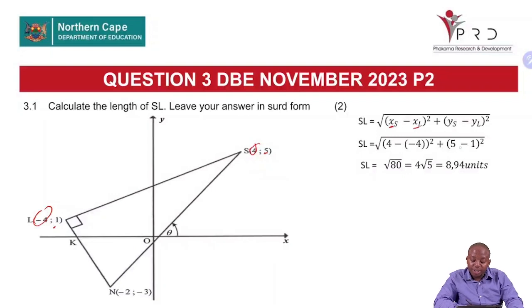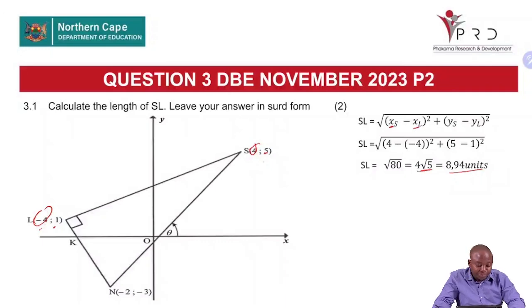XS is 4, minus XL, which is -4, squared, plus the Y value of S, which is 5, minus the Y value of L, which is 1, squared. We press our calculator and we get our SL distance as 4√5 or 8,94 units.